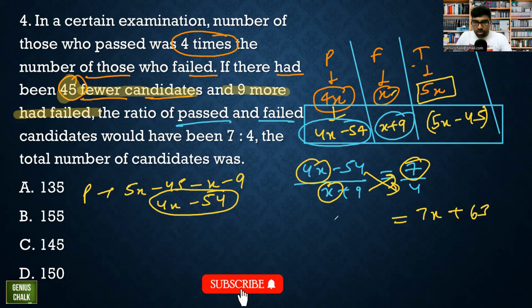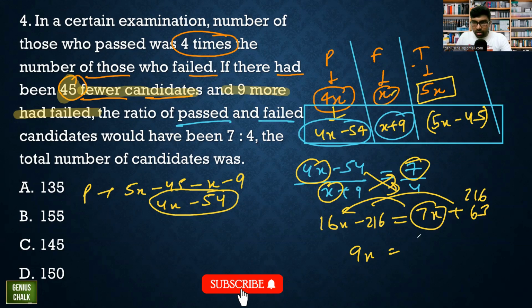This side 16x minus 216, so this will go this side. So this will be 9x. This is going that side. So 216 plus 63, that is 279. 9 3s are 27, 9 1s are 9. So x value is 31.